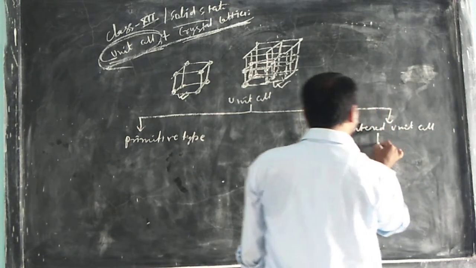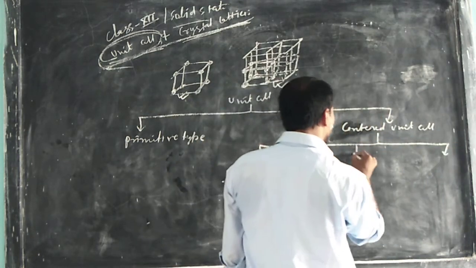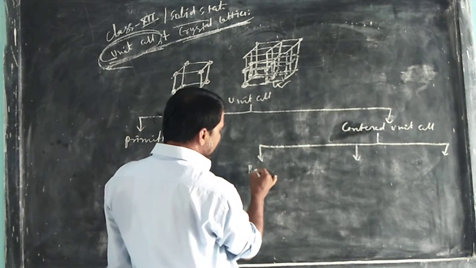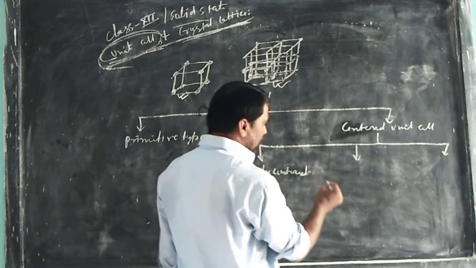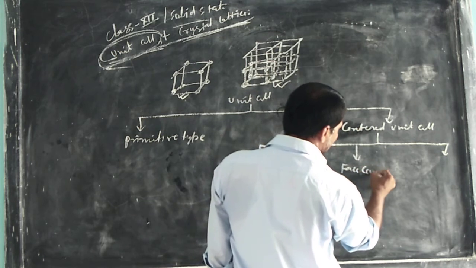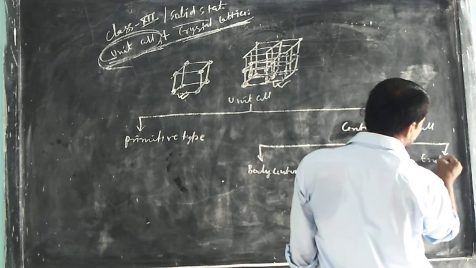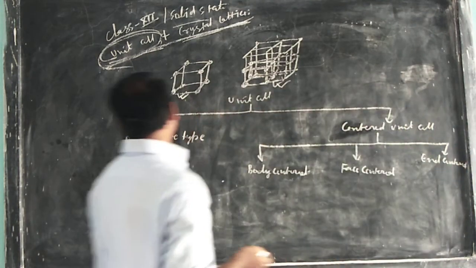Centered unit cell has been further classified into the following three types. One of them is body centered, second one is face centered, and third one is end centered unit cell. These are the types of unit cell.